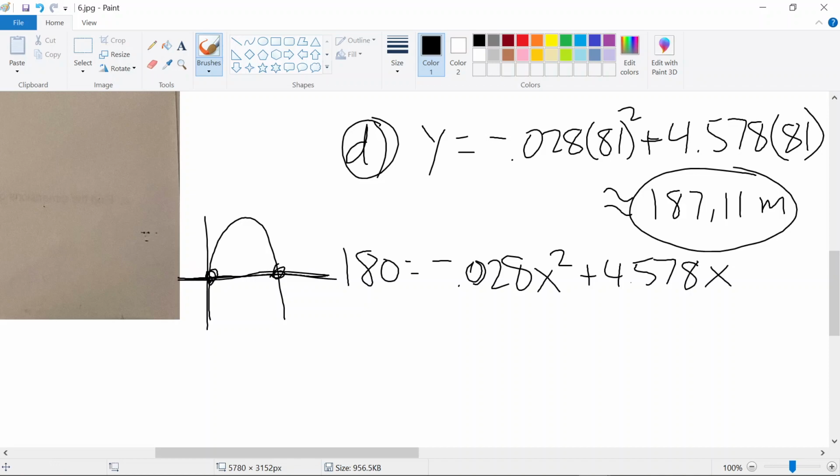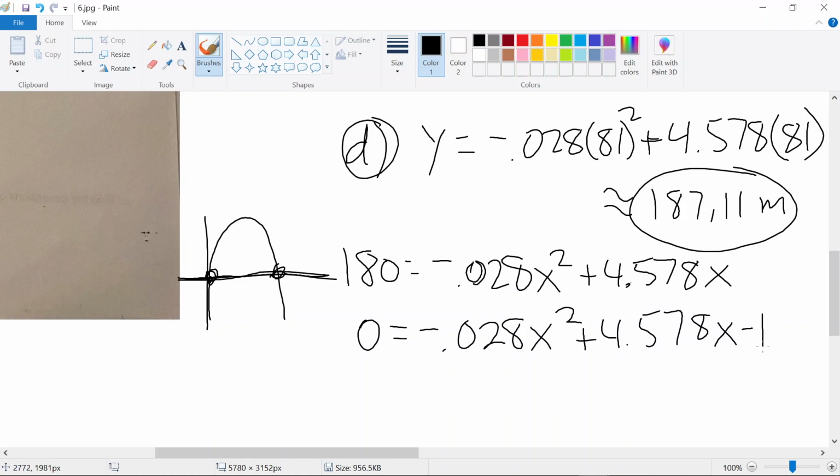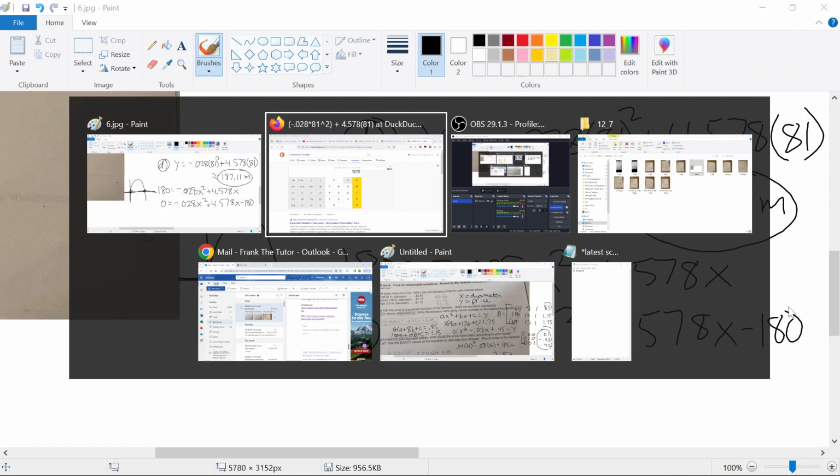Well, let me subtract 180 from both sides. 0 equals negative 0.028 x squared plus 4.578 x minus 180. And obviously, you're not going to factor that by hand. You plug it into the calculator and see approximately what x value it has.